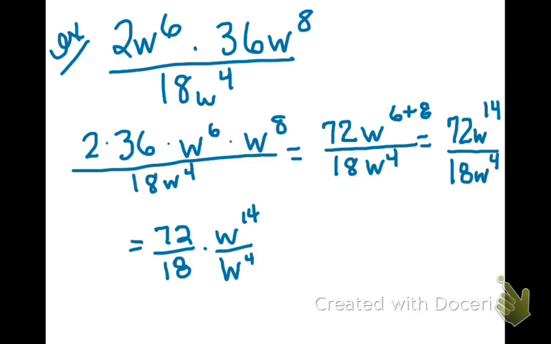Everything's the same. When you evaluate 72 divided by 18, or you try to simplify, they obviously both have a factor of 18, so it simplifies to 4. So 4, w to the 14 minus 4 power, is completely simplified when written 4w to the 10th power.